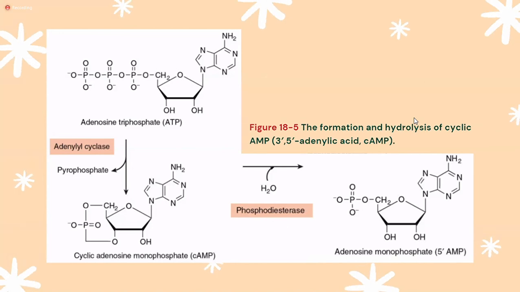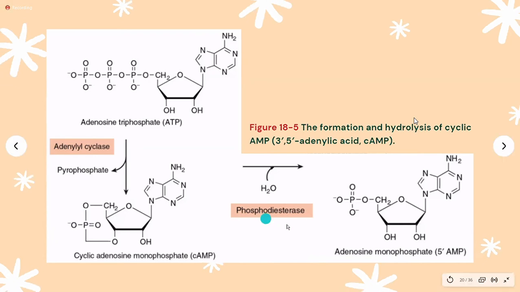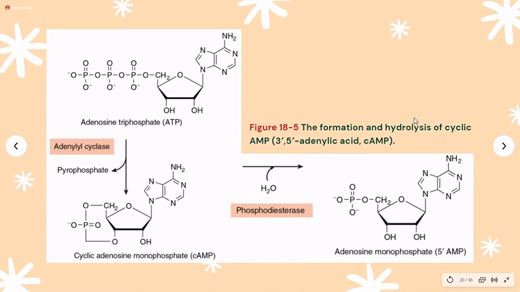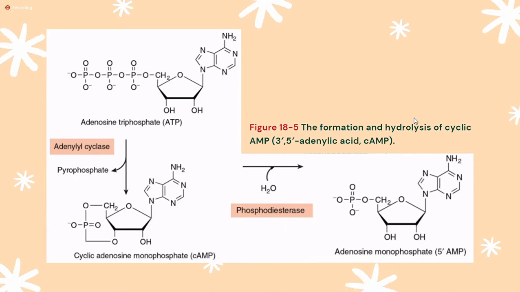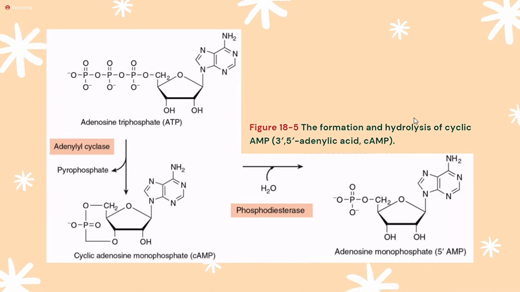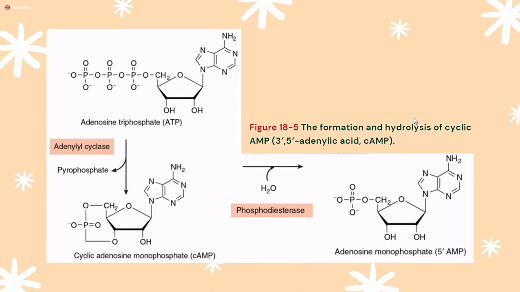There are 5 isozymes of these phosphodiesterases, 1, 2, 3, 4, 5. And phosphodiesterase 5 is important in the penile tissue.